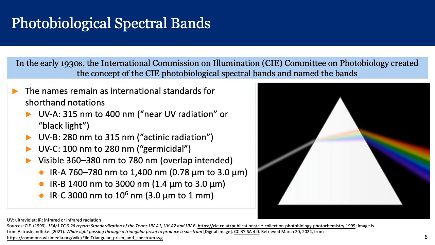And the reason is that they're based upon penetration depth into water and into different biological tissues, and also upon the absorption of proteins and certain key biological molecules. So we have actually 3 bands in the infrared as well, but that's not the subject of today's talk.